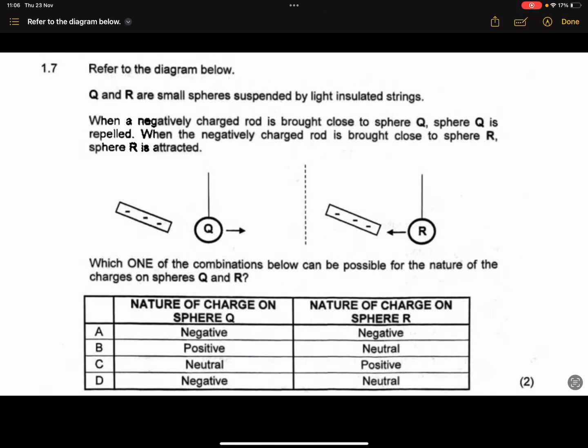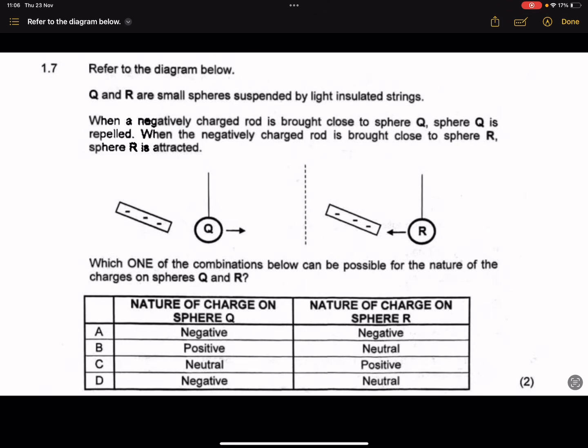They say which one of the combinations below can be possible for the nature of the charges on spheres Q and R. Okay, we did say Q would be negative and R positive, right? So do we have such a combination here? We've got positive and neutral, so we do not have negative and positive.